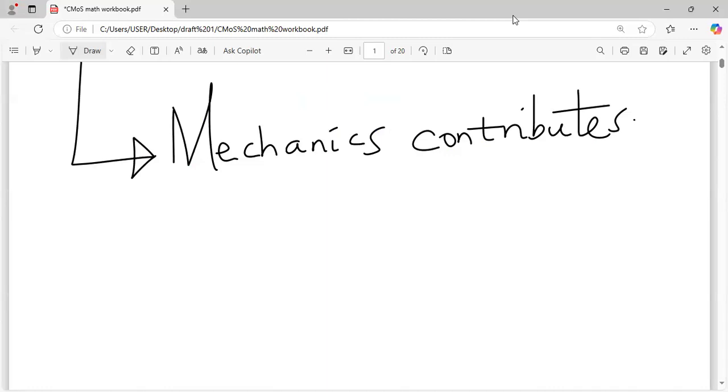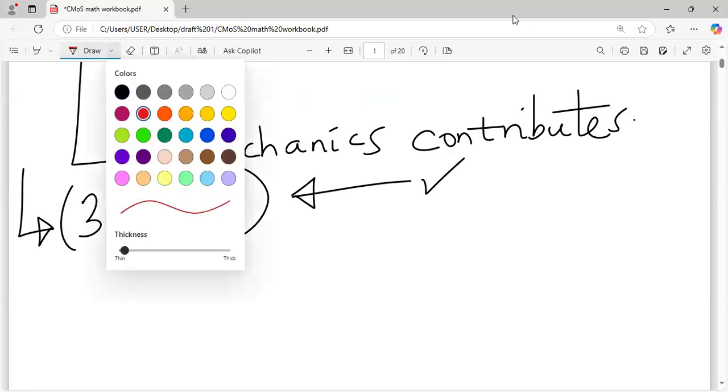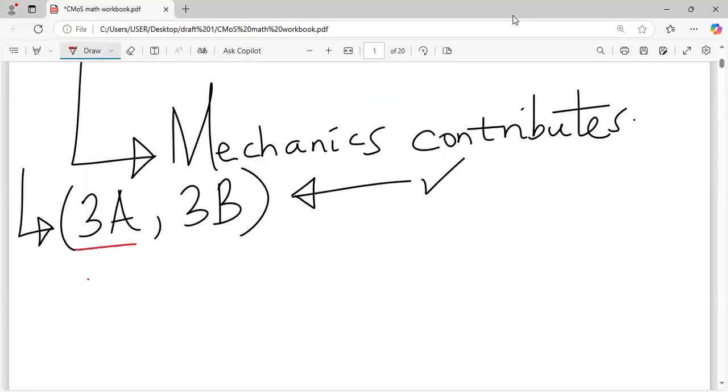And we say that mechanics contributes 3 questions in section A and then 3 questions in section B. This is what is actually done in the setting of mechanics in the whole exam. Out of the 8 questions of section A, 3 of them are for mechanics. Out of the 8 questions in section B, 3 of them are for mechanics. Hope I'm understood there.